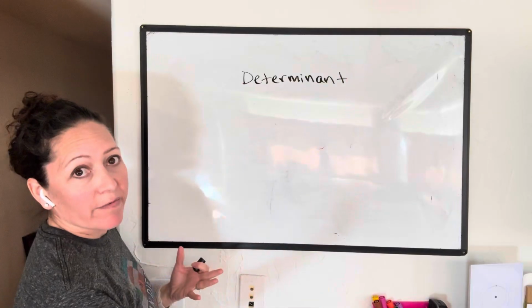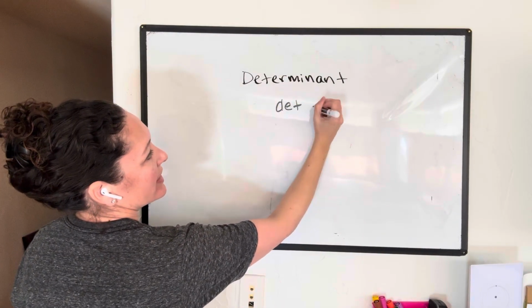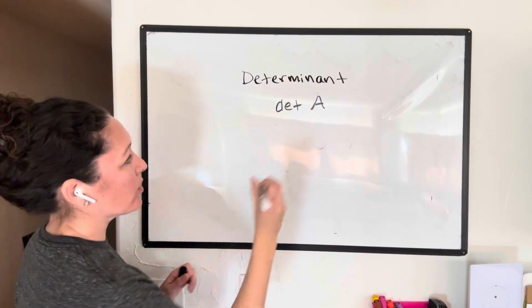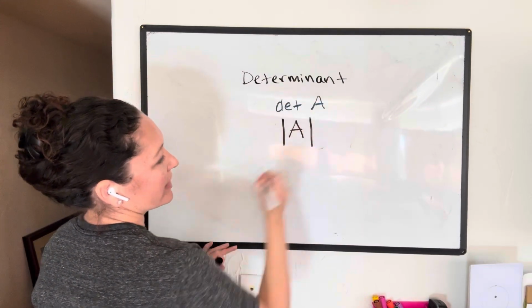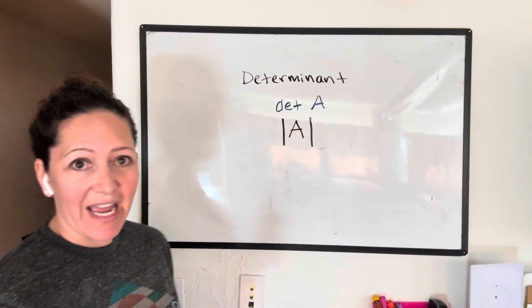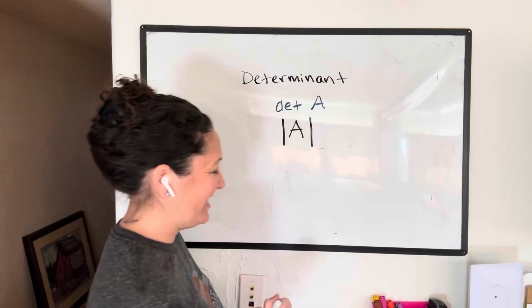When I say determinant, like the determinant for matrix A, I would write determinant of A, or the other way you could write this is that you have these two solid lines around A, not to be confused with absolute value. Okay, this is for determinant.